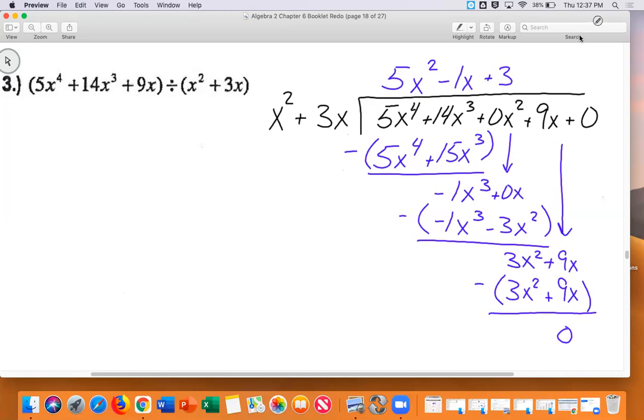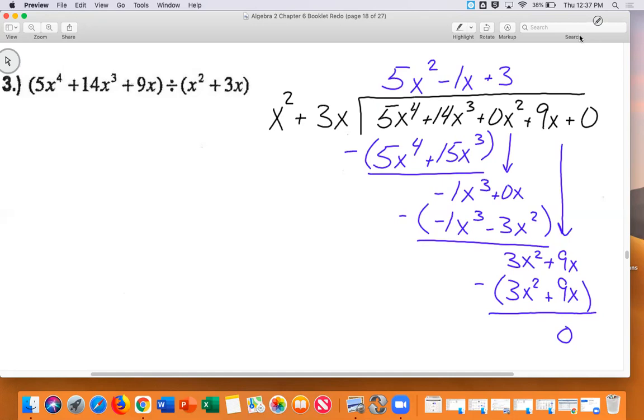Wait, how did you get the 5x squared this time? Okay. This times this needs to give me whatever that is. Has to. Otherwise, you're doing it wrong. Okay. So notice these two are always the same number, right? So when you're finding out what's equal, it's the leading term that I want.